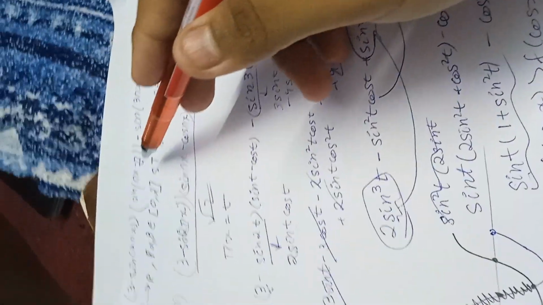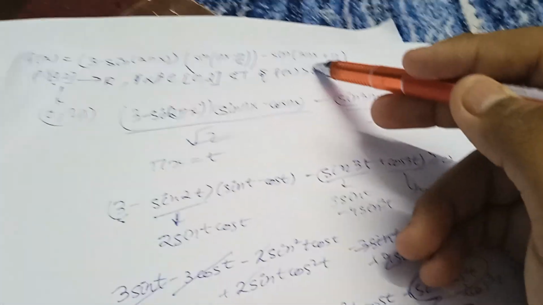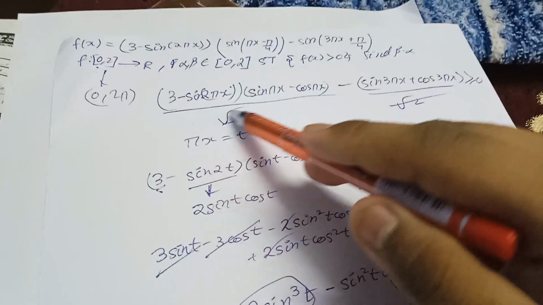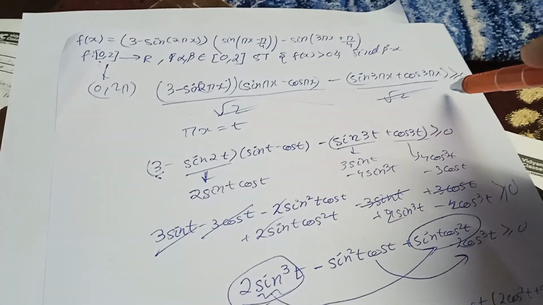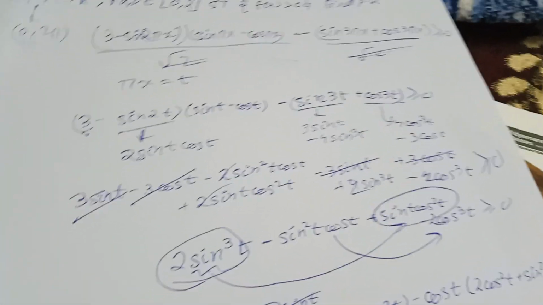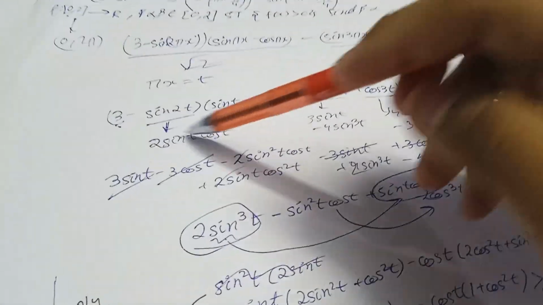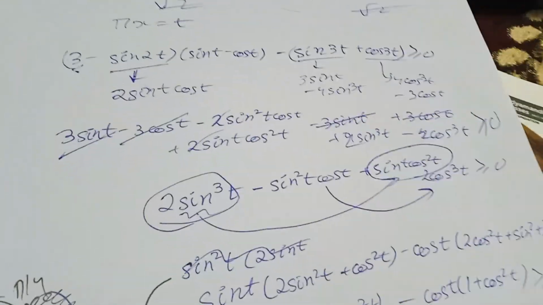So let me summarize it again. First of all, in the expression I get rid of these pi by 4s. Then I used the sin a minus sin b formula. Then I put sin 2t and the multiple angles in the simplest form.